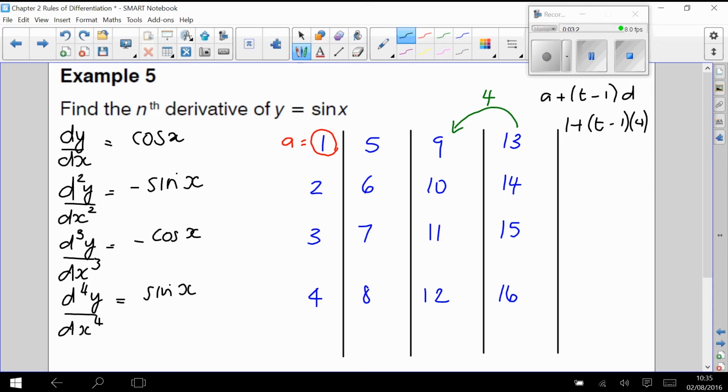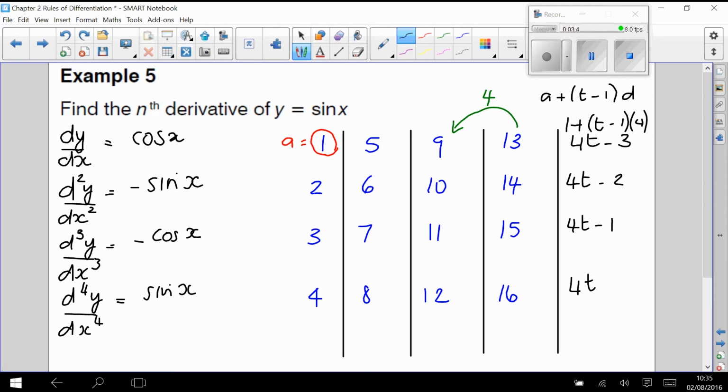And you can see that that's going to give you 4t minus 3. In my second pattern, I'm going to get 4t minus 2, and then 4t minus 1, and lastly 4t.